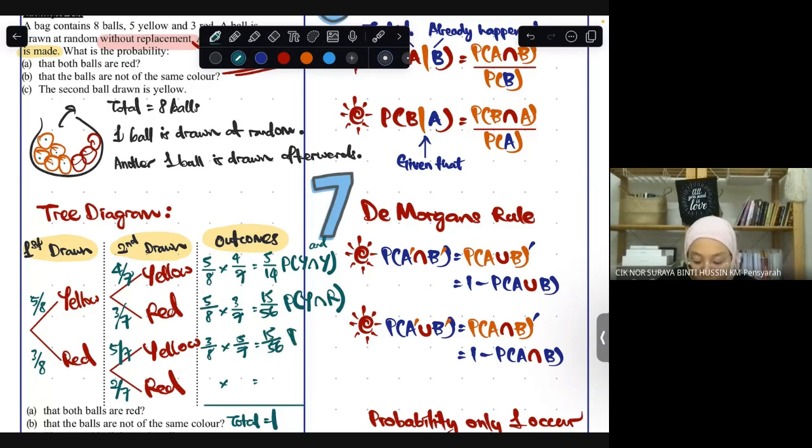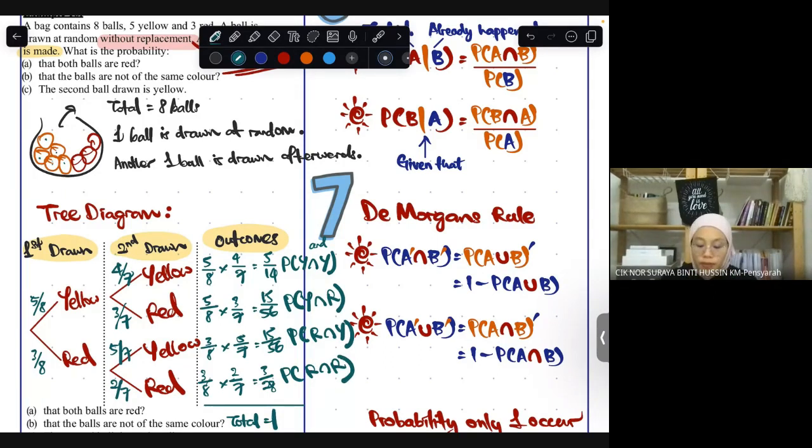But this is the probability of you get red first and then you get yellow. What else? Last one is 3 out of 8 times with 2 out of 7. You will get 3 out of 28 where you pick red and then you pick red again.